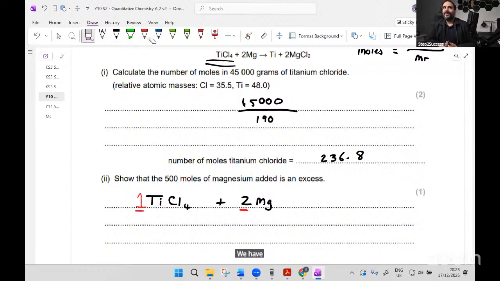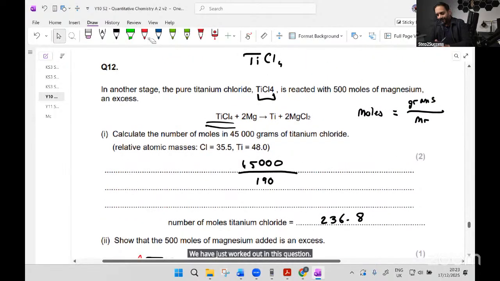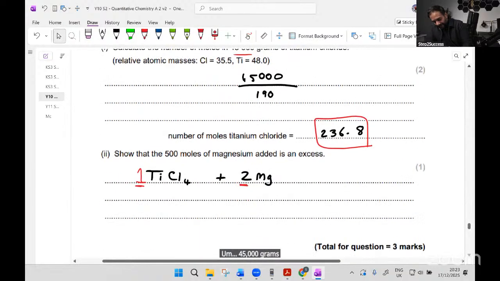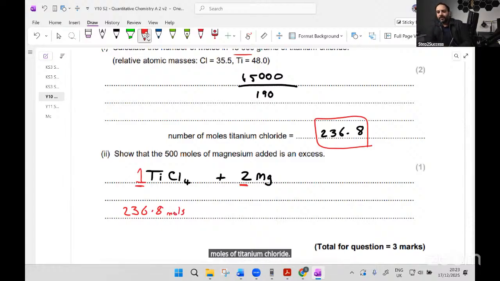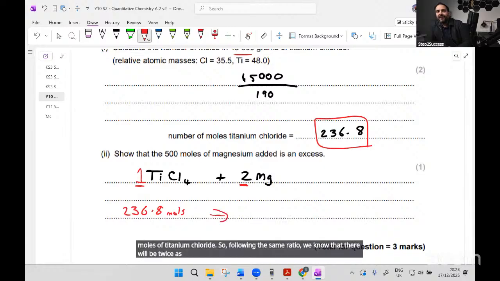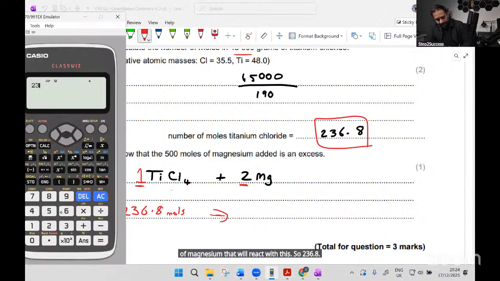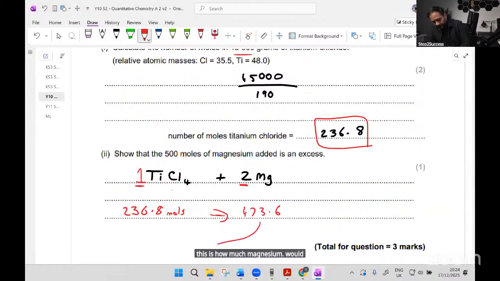We have just worked out in this question that we reacted 45,000 grams, or 236.8 moles, of titanium chloride. So following the same ratio, we know that there will be twice as much magnesium that will react with this. So 236.8 times 2 is how much magnesium would react with 236.8 moles of titanium chloride.